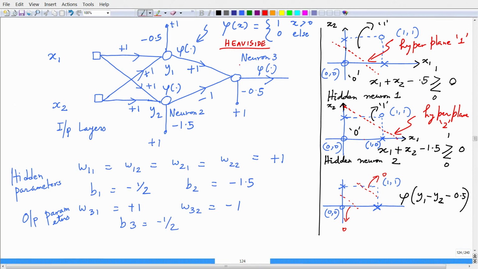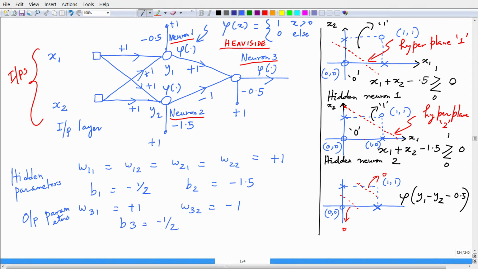So, neuron 3 here is my output neuron, neuron 2 and neuron 1 are my hidden neurons, and x1 and x2 are my inputs. Okay. So, this is my input layer, this is my hidden layer in the middle, and then I have my output layer.